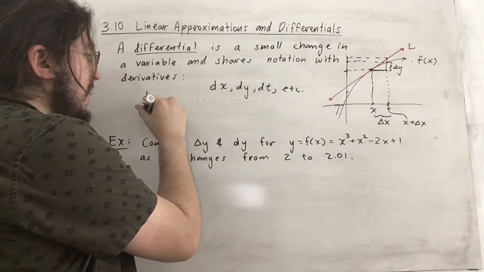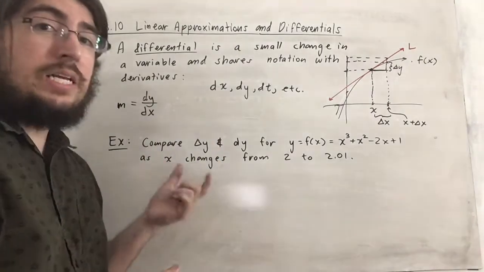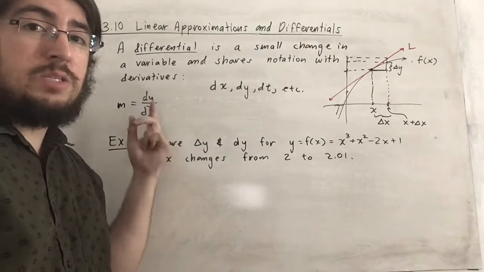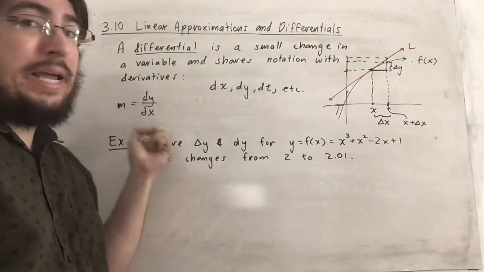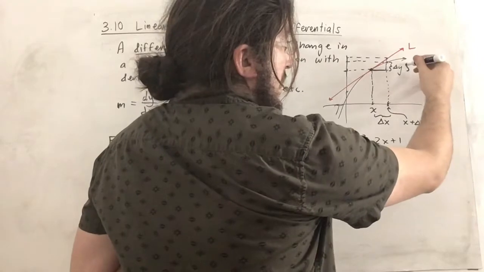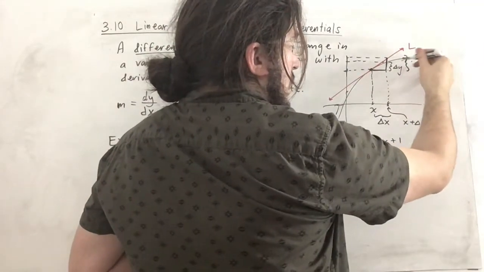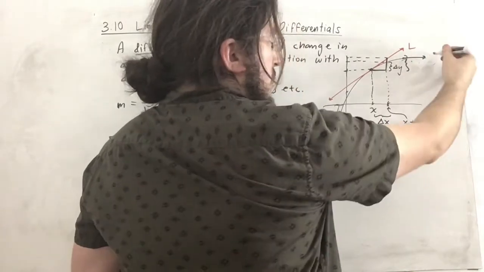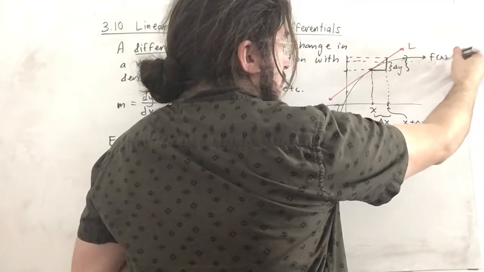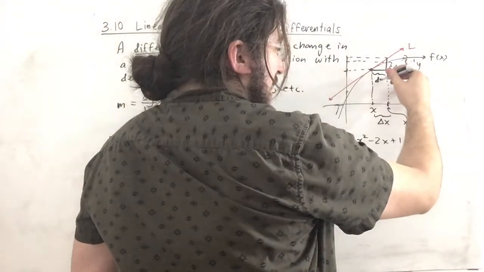So dy over dx is going to be our slope of the line. So if we actually legitimately think of this as a fraction, as rise over run, then dy is the rise and dx is the run. Namely here, this entire difference of this larger triangle, I know it's a small picture, but let me readjust a little bit. So this will be dy, and we'll treat this as dx.